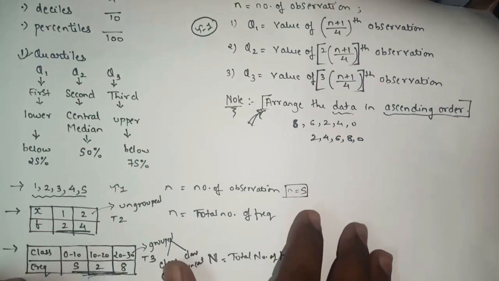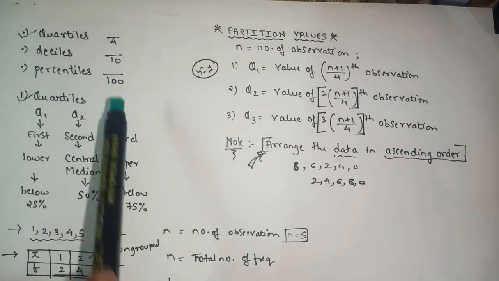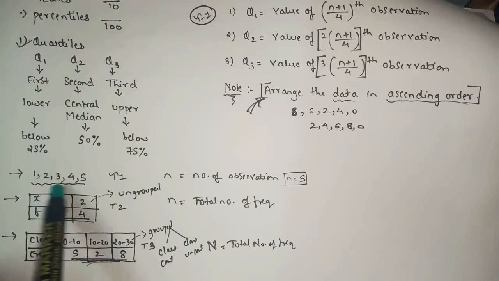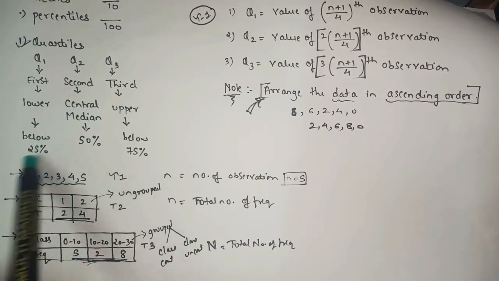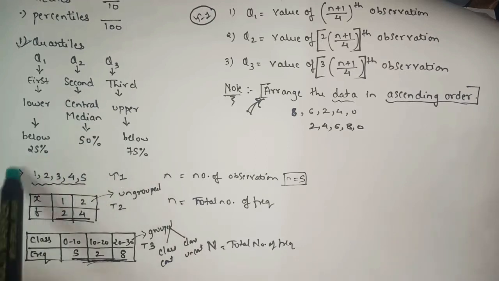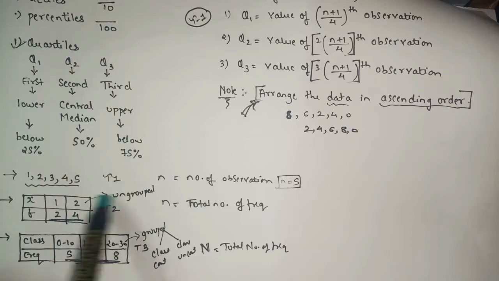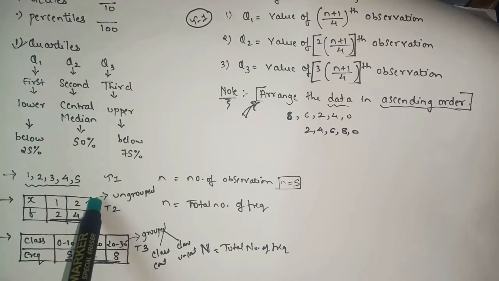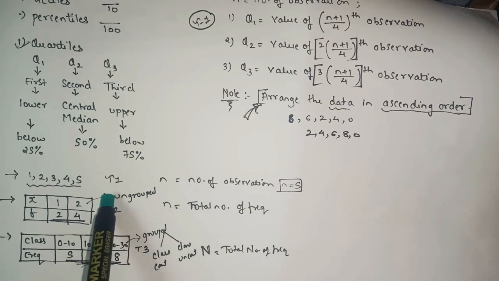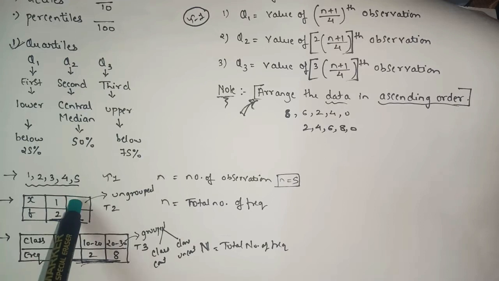As I told you in the first exercise, there are three types of sums for quartiles, deciles, and percentiles. Type number one is where you have numbers given in a series or sequence, or the numbers are here and there. The second type is where you have a box: the first column is class and the second is frequency, and the class is ungrouped.